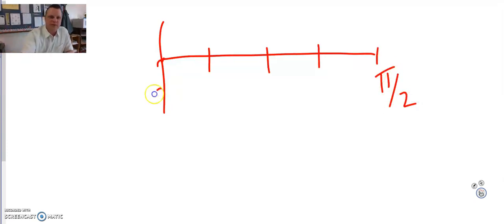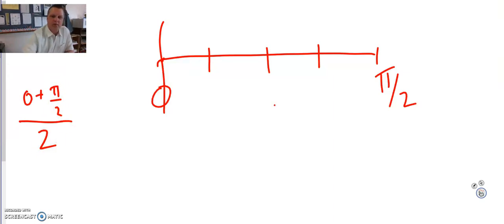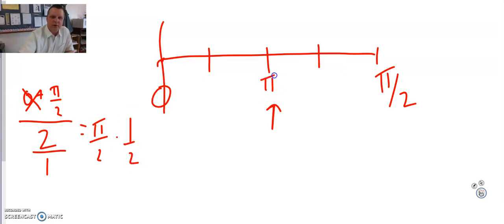Okay? So this is 0. So this point here is the first one we find. And how we find this is we do 0 plus pi over 2 divided by 2, because this point here is the midpoint of 0 and pi over 2. So the 0 is gone, so we have pi over 2 divided by 2 over 1, which would give me pi over 2 times 1/2, which is pi over 4.